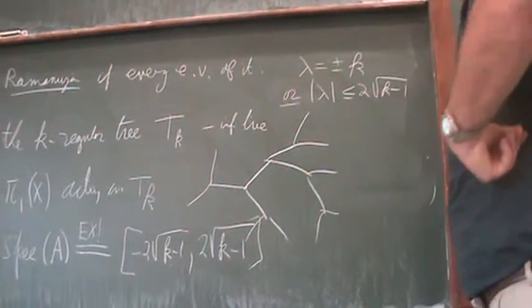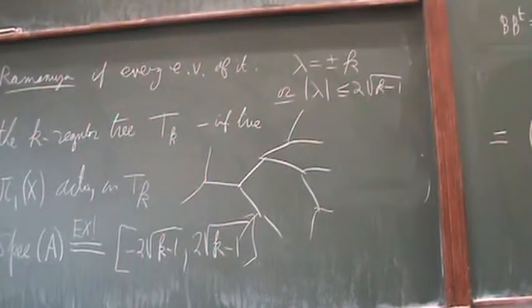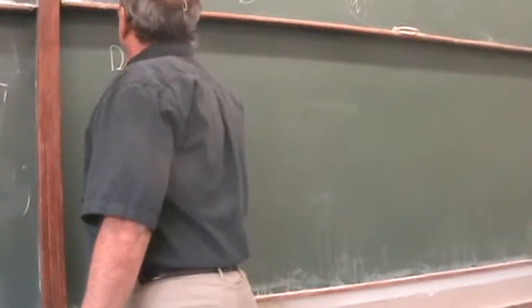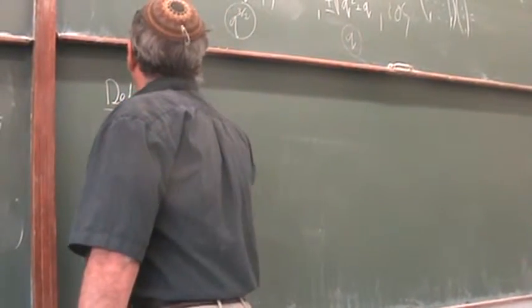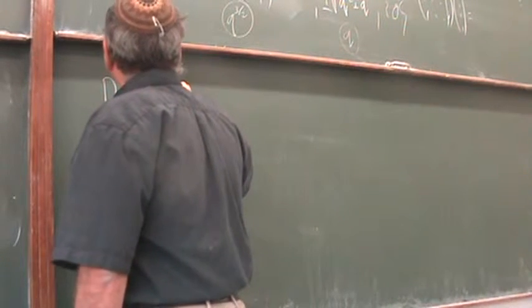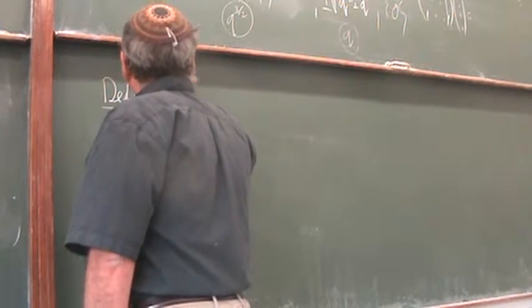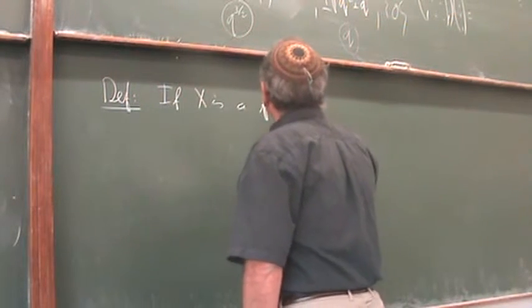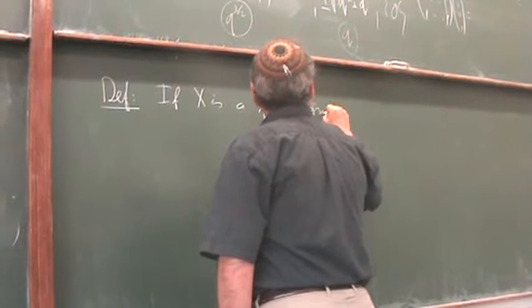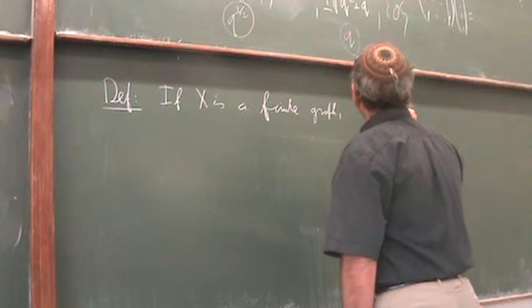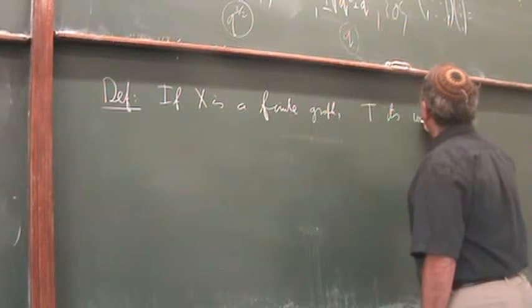Now, what would be the definition of a Ramanujan graph? Or maybe first there will be a definition plus a lemma immediately. Definition: if X is any finite graph, not necessarily regular, and T its universal cover.